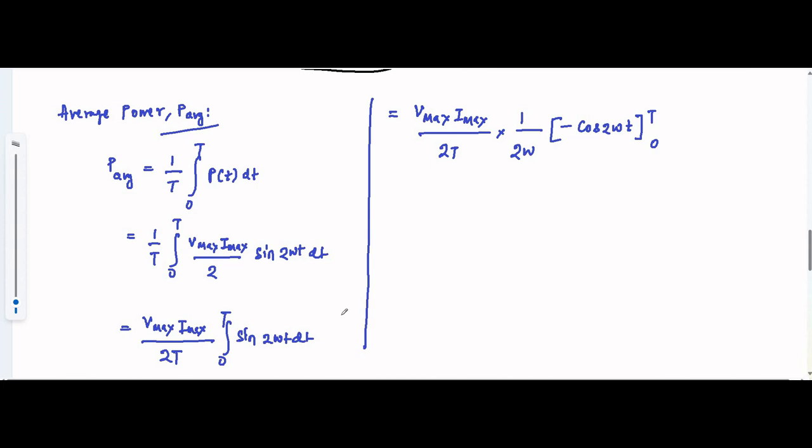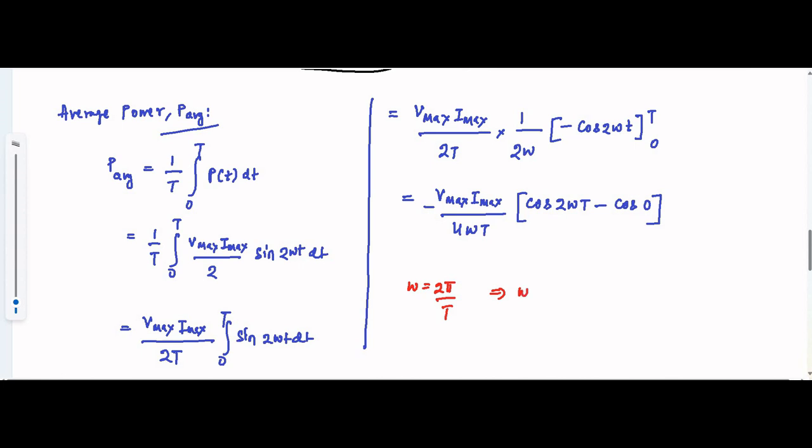So this becomes Vmax Imax by 4 omega T, taking the minus outside also, cos 2 omega T minus cos 0. Now, same thing which we did in the inductance case also, omega is equal to 2 pi by T, where T is the time period.